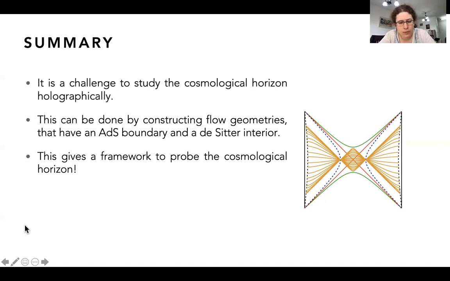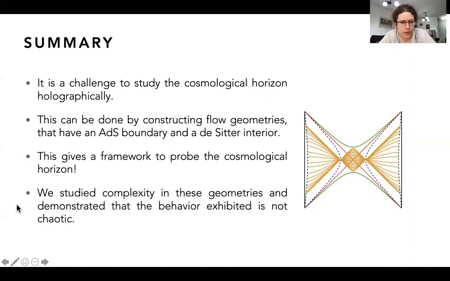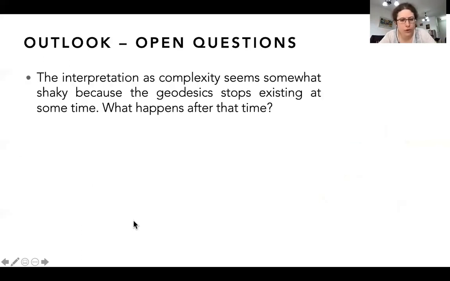This gives a framework to probe the cosmological horizon, and we studied complexity in these geometries and demonstrated that the behavior exhibited is not chaotic. Or that the complexity proposals would have to be amended or changed.